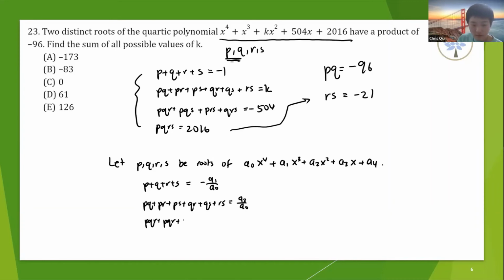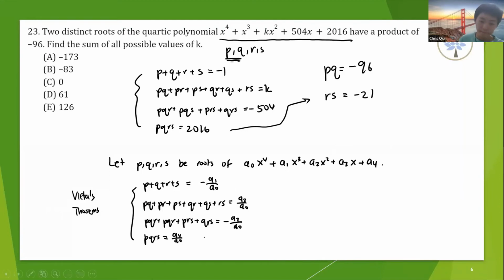The sum of the products of all unordered triples of these roots is equal to negative a_3 over a_0. And the product of all four is a_4 over a_0. So this is Vieta's theorems for degree 4 polynomials.